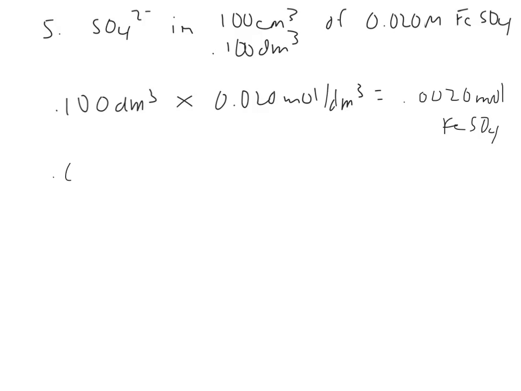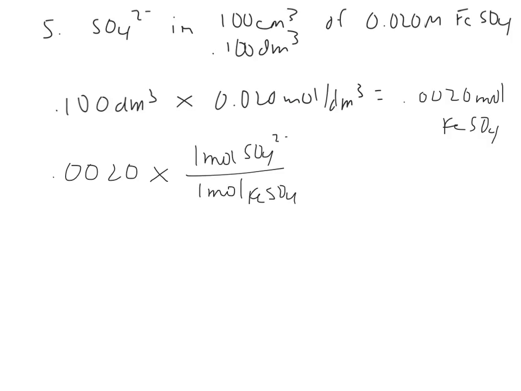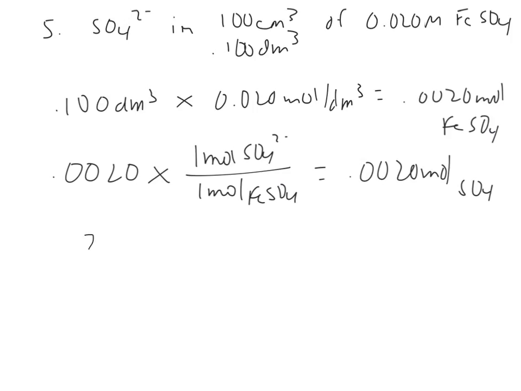Then I need to know how many moles of SO4 this would be, and you see that there's 1 mole of SO4 ions per mole of FeSO4, so it's also 0.0020 moles of SO4. Expressed in scientific notation, this is 2 times 10 to the minus third moles, which matches with A.